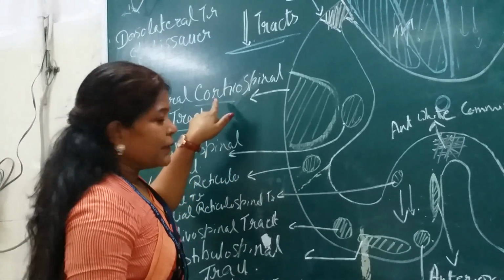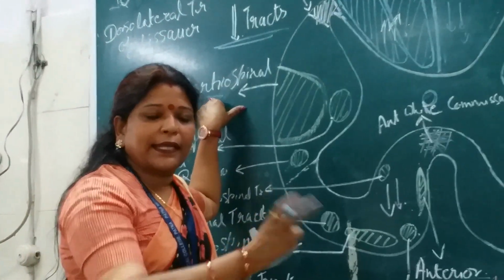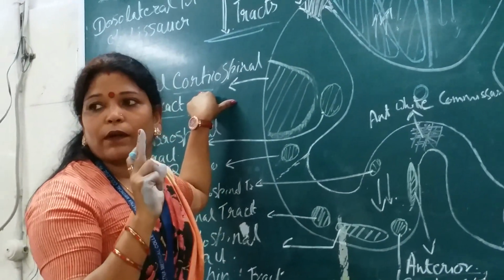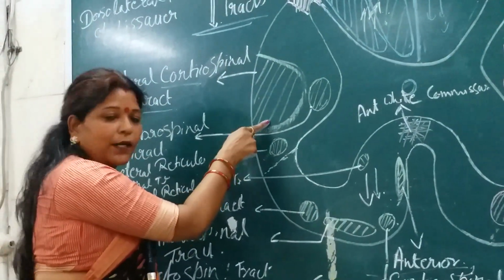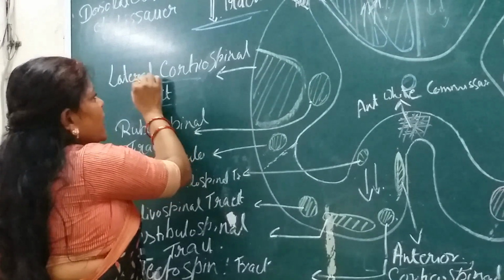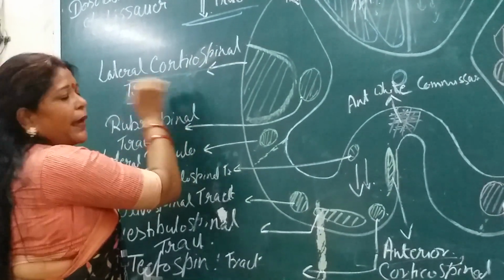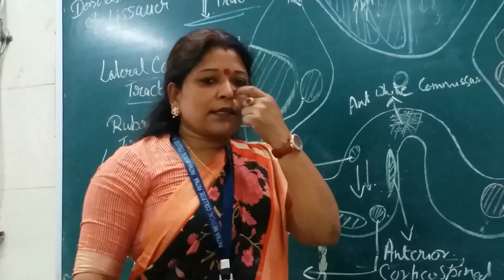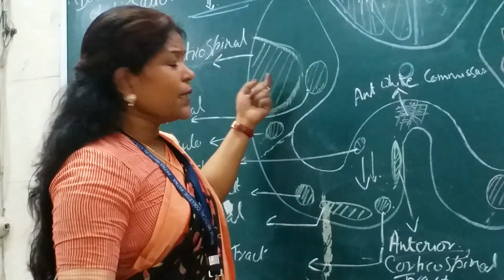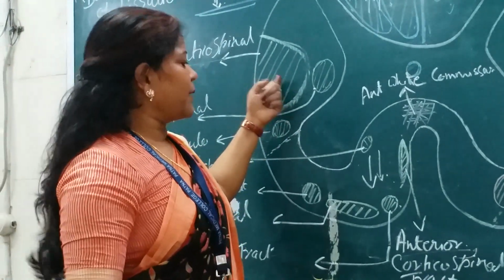So the tract is connecting the cortex with the spinal cord. And because it is placed in the lateral compartment, that's why it is known as the lateral corticospinal tract. Okay? A very important point.